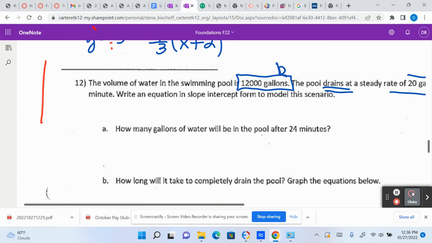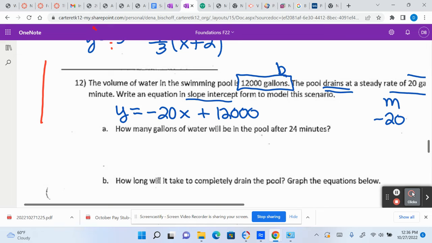When we see the word per, it means m. Why is it negative? Because it's draining. So my slope is going to be negative 20. We have everything we need to write an equation. It says to write it in slope intercept form. y equals my slope, negative 20x plus 12,000.